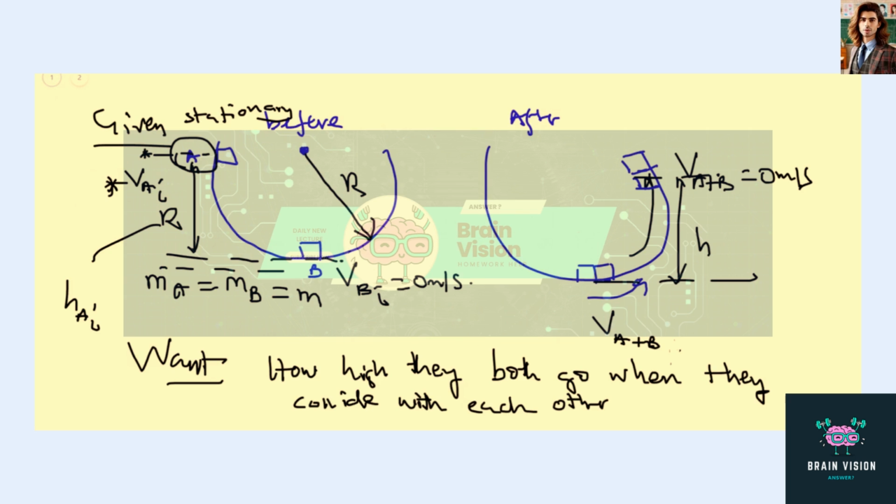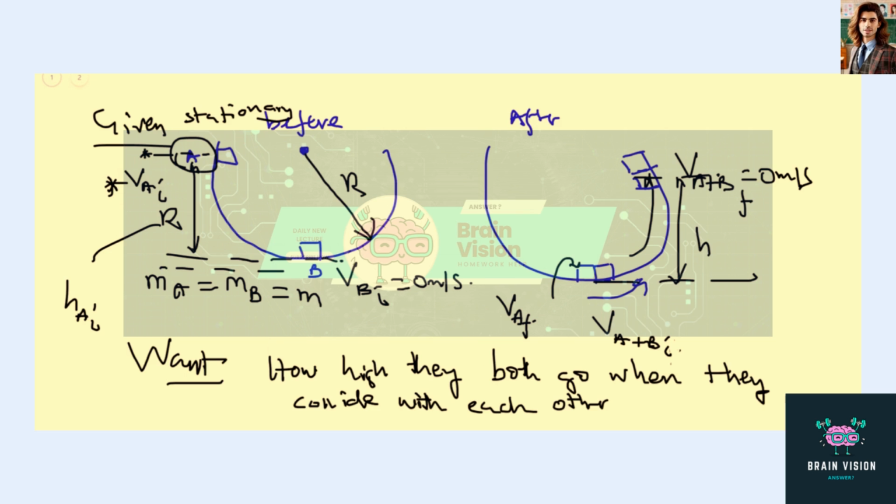That's the final velocity of A at the bottom, right here. So just before it collides, A has a final velocity. And then A and B will have an initial velocity, and A and B will also have a final velocity. That's kind of what's happening in this problem.